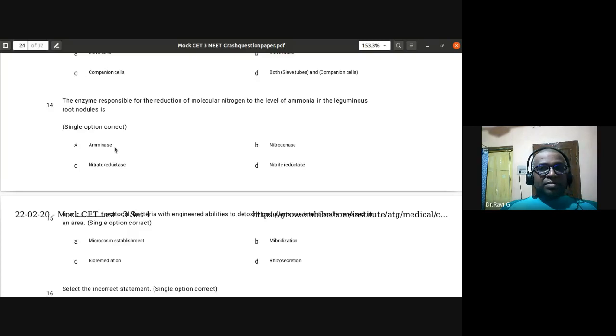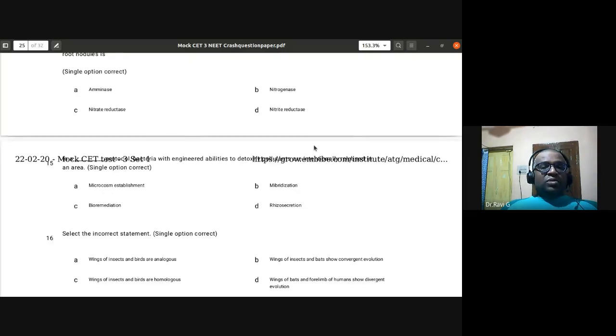Is it aminase, nitrogenase, nitrate reductase, or nitrite reductase? So the 14th one is nitrogenase. The nitrogenase enzyme is responsible for the reduction of molecular nitrogen to the level of ammonia in the leguminous root nodules.